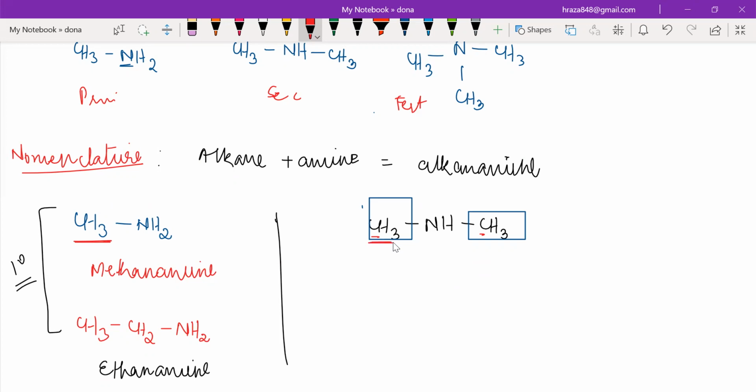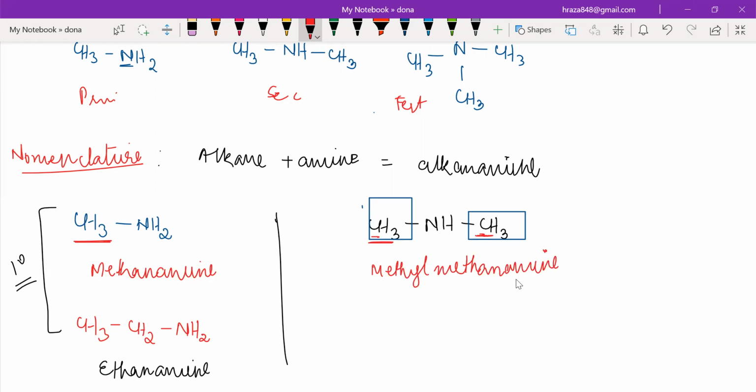So I'm going to take this as a substituent. So one carbon as a substituent, name is methyl, and this is your main parent chain, methyl methane amine. Are you getting my point?